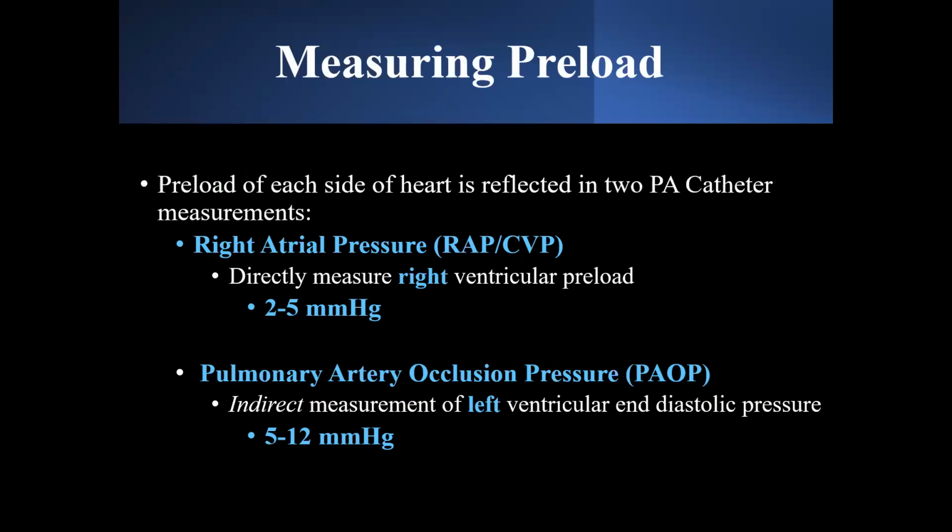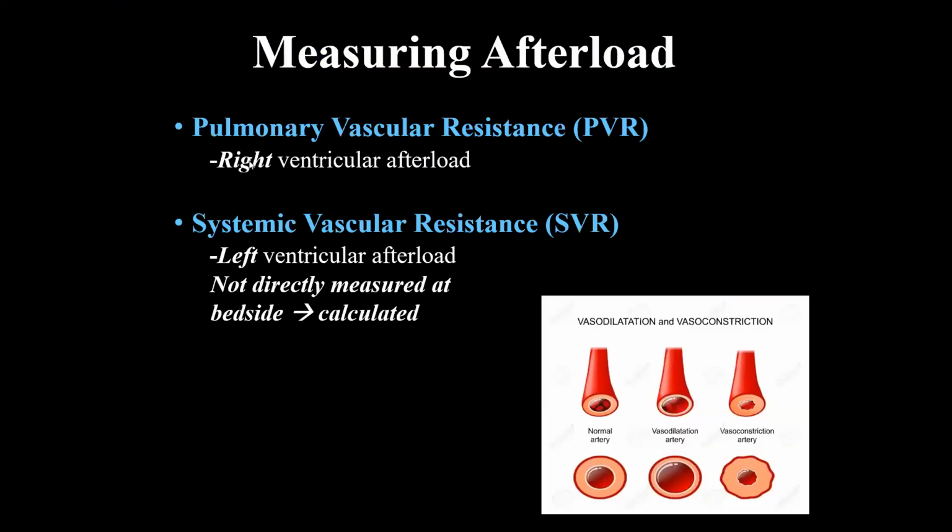And then you know whether the right side of the heart has too much volume or the left side of the heart has too much volume. And then afterload on the right side of the heart is PVR, because we have to go to the pulmonary vasculature. And on the left side, left ventricular afterload, so systemic vascular resistance.